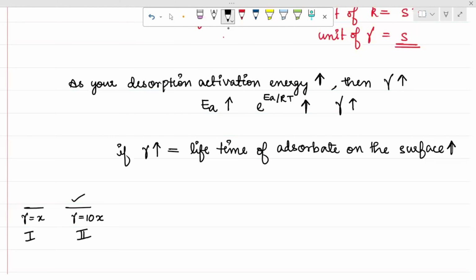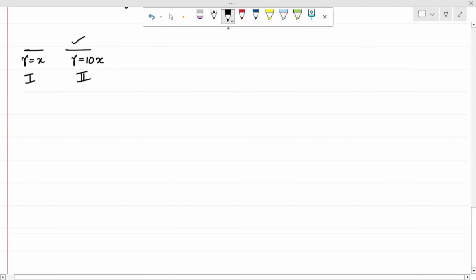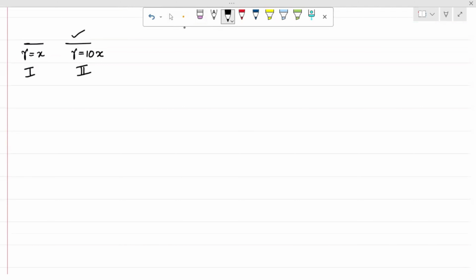Now, the other scenario is if you have two different temperatures and they ask you to find the value, very easy. So gamma 1 is the lifetime at temperature T1. So it's going to be gamma naught e to the power desorption activation energy by RT1. Right.